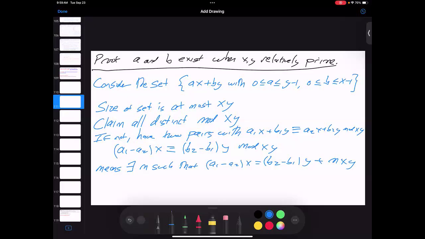Look at how it's written. We're talking about divisibility. What number must divide the left-hand side? It must be a multiple of x. So this is a multiple of x. mxy is a multiple of x.